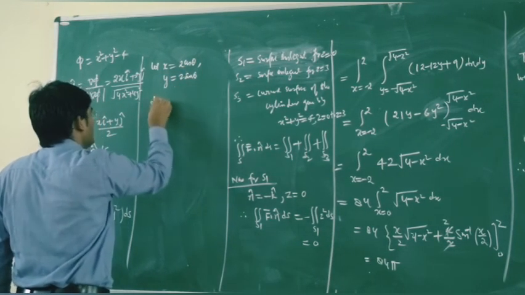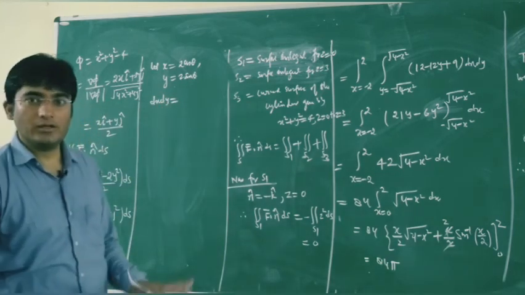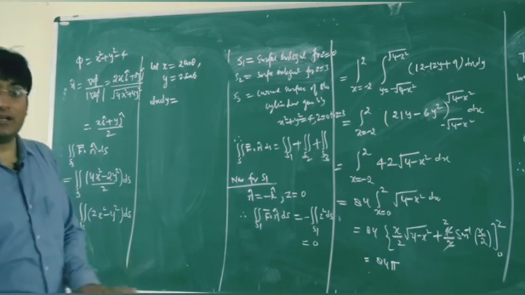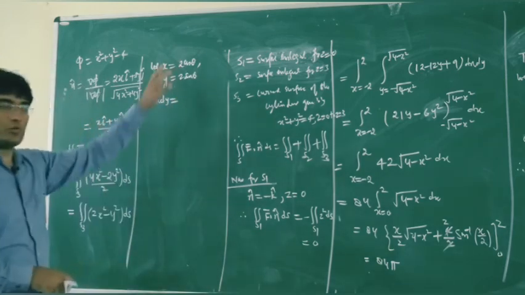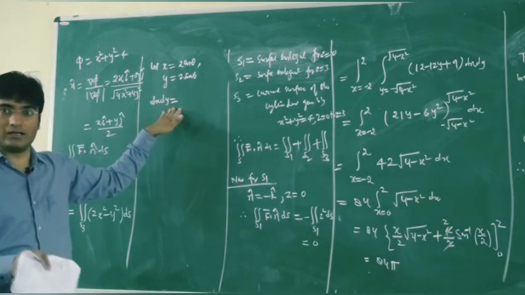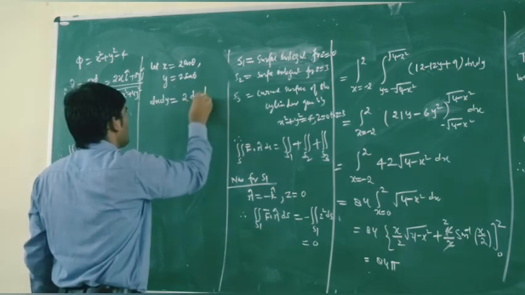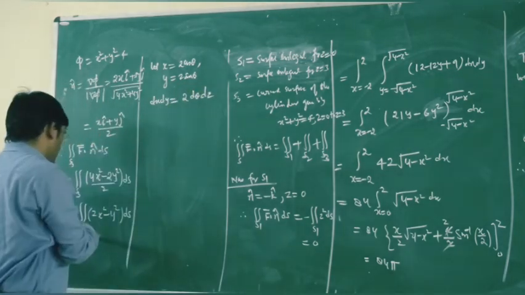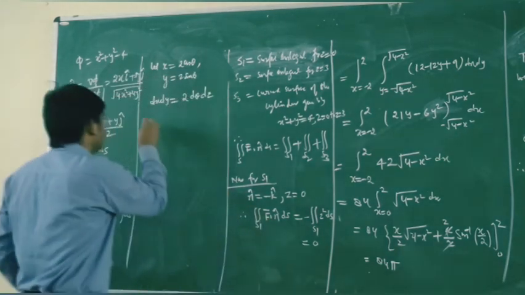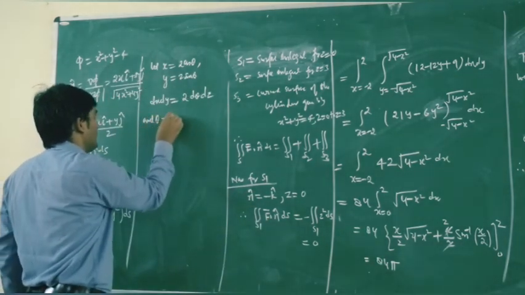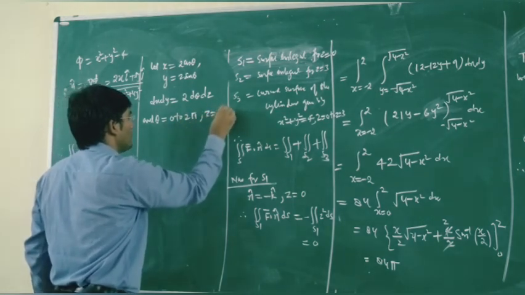So your dx into dy will be r times d theta into dz. We know that in polar coordinates dx dy is r dr d theta, so in our case this will be equal to 2 times d theta into dz. As we have to take the whole circle, theta will vary from 0 to 2 pi, and z is from 0 to 3.